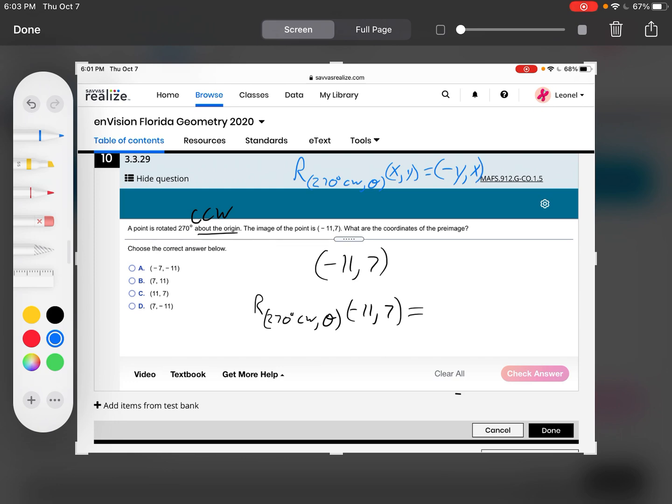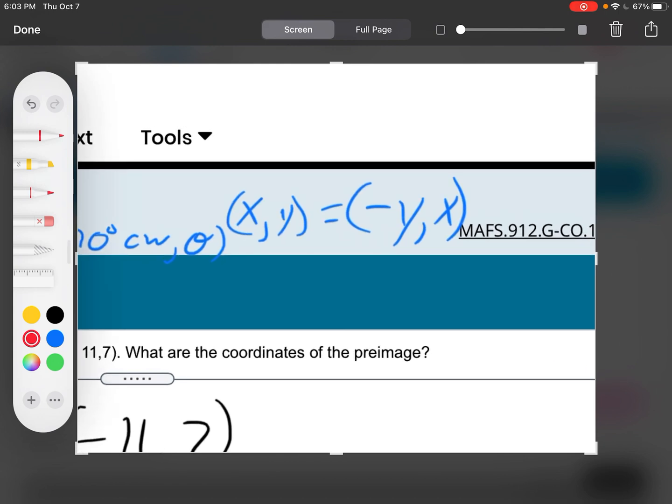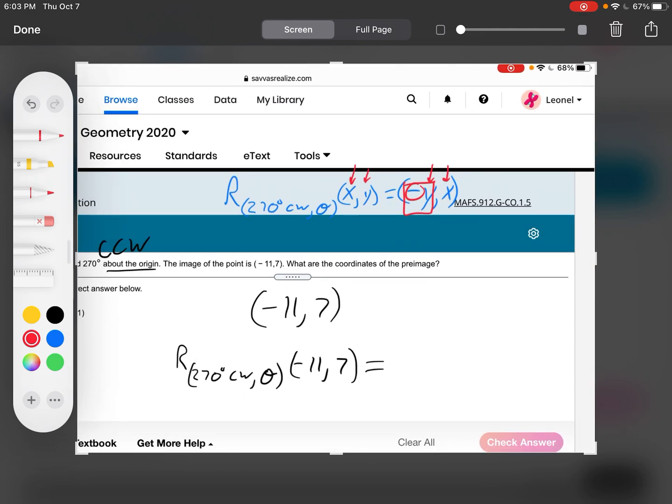Hopefully you've gotten used to this already, but what this means is that you're going to actually switch the coordinates. It's usually x, y. You're going to put the y first and the x second, and then we have to change the sign of the one that ends up in the first spot on the left. So we're going to take -11 and 7, and switch them.